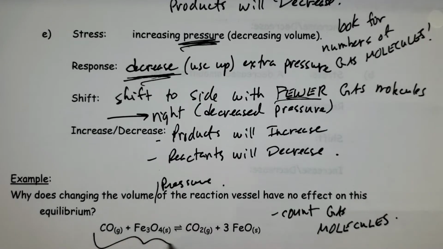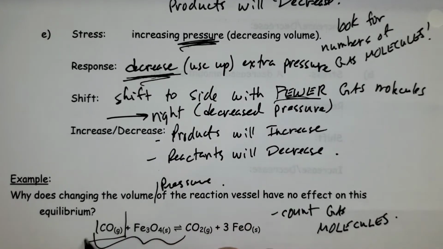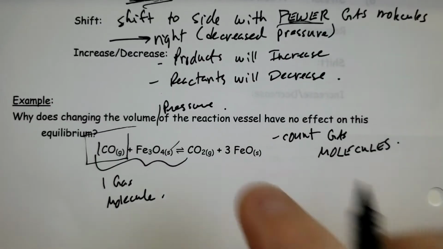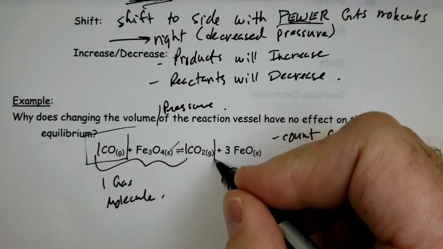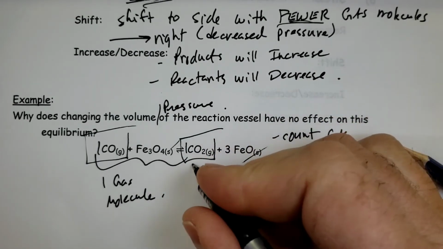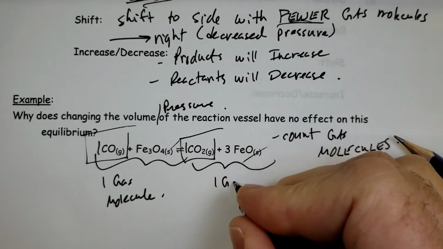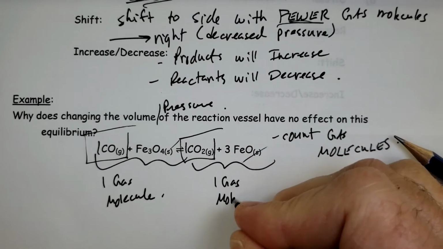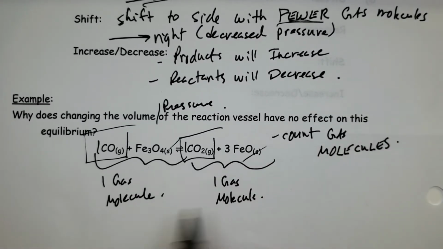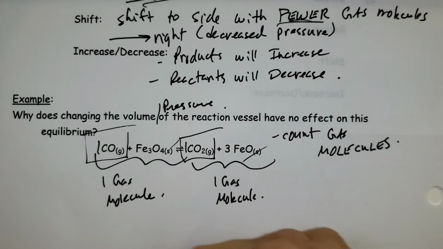So if I take a look over here, one gas molecule, solid, so that doesn't count. One gas molecule. Over on this side, here I have a gas molecule. Here, oh, that's a solid. So on the right-hand side, one gas molecule.